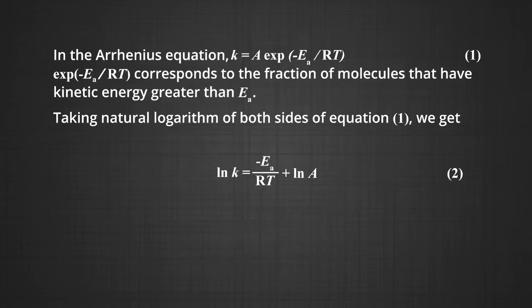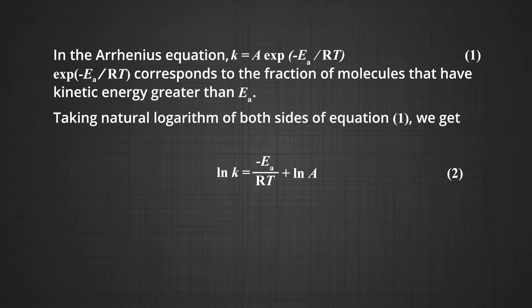In the Arrhenius equation, the factor exponential minus EA by RT corresponds to the fraction of the molecules that have kinetic energy greater than activation energy.